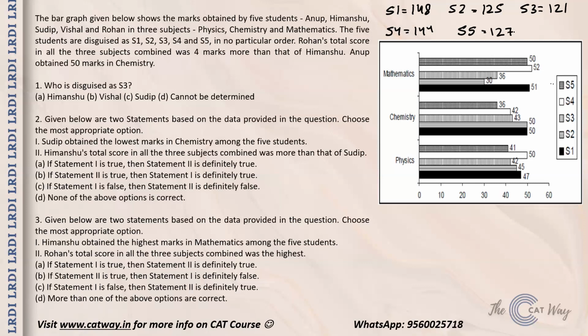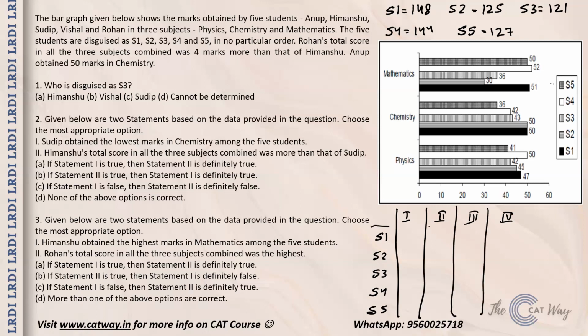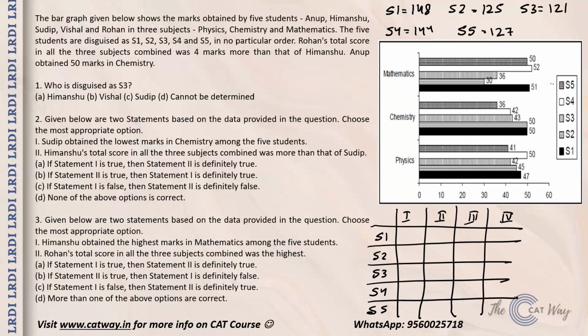So now what we will do is we will make all the cases. So case 1, case 2, case 3, and case 4, and how students are S1, S2, S3, S4, and S5. Okay. So what did we see? That there are 2 cases.